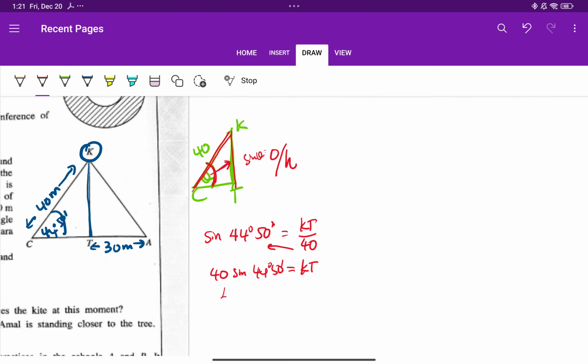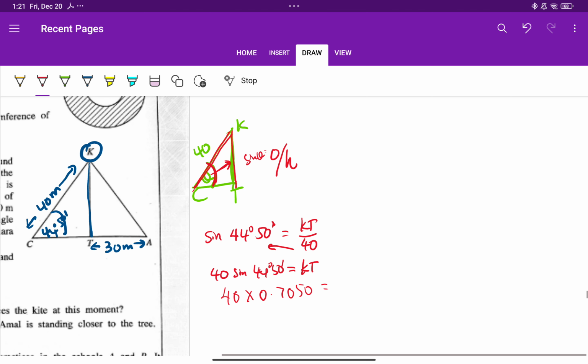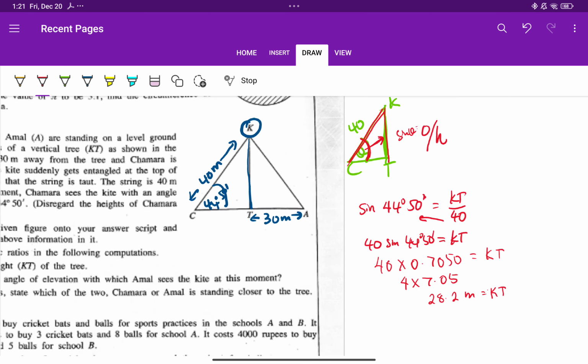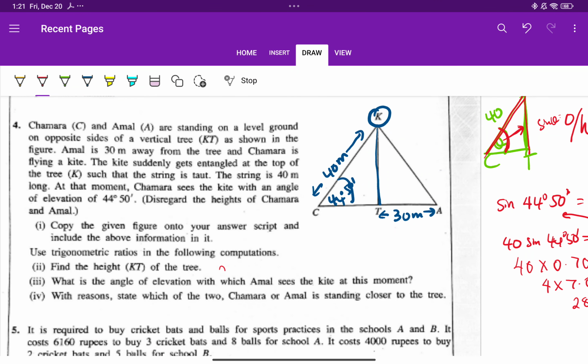So 40 times 0.7050 is KT. 4 times 7.05 is 28.2 meters. KT would be 28.2 meters. So the answer for the second Roman number is 28.2 meters.